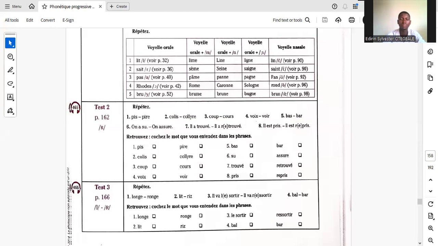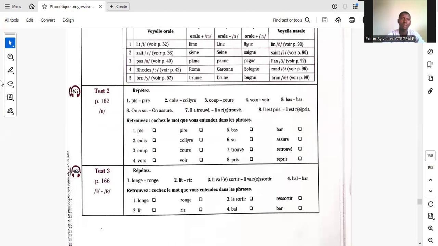Un, longe, ronge. Deux, range, riz. Trois, il va ressortir. Quatre, balle, barre.